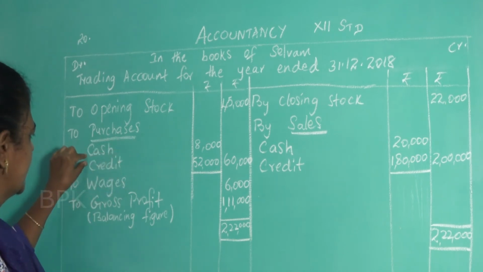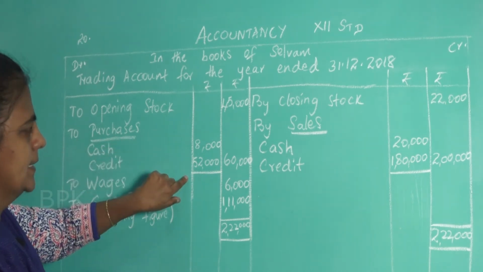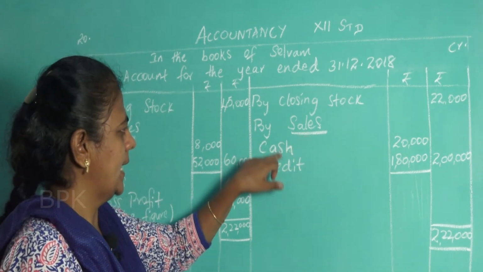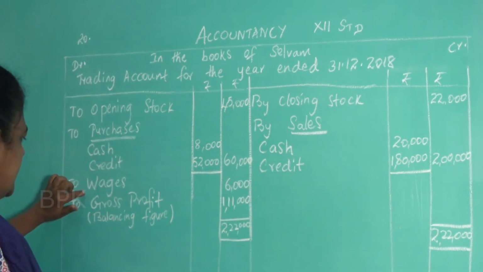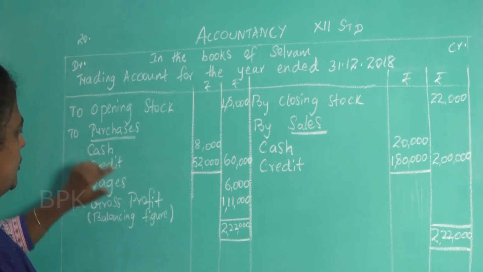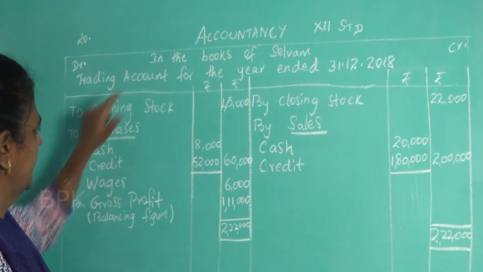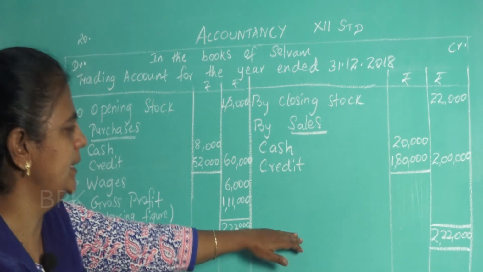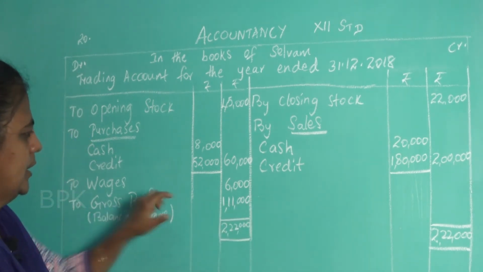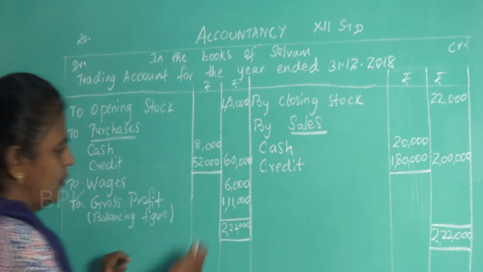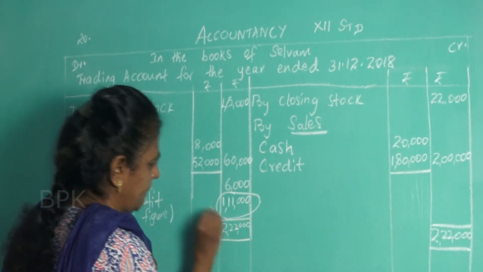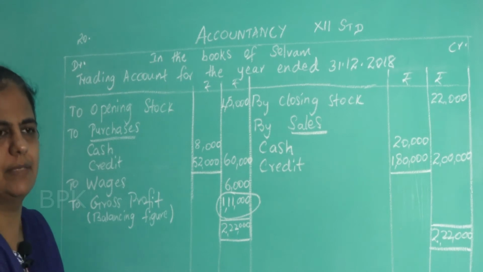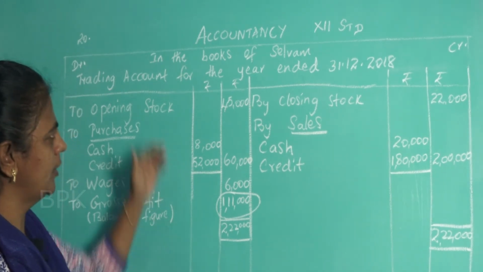Same way, sales: cash sales and credit sales. Then wages, a manufacturing expense, show it in the trading account. The difference between these two will give you the gross profit, that is 1,11,000. Okay.